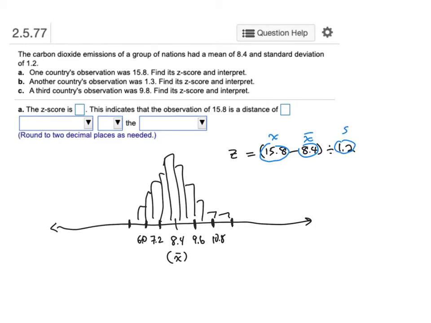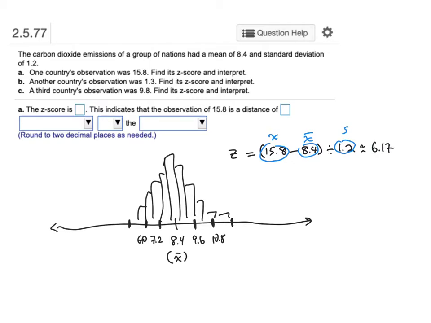So what this means on our graph is how many standard deviations above or below the mean we are. Hang on, let me get a calculator. All right, I got a calculator. The result of this calculation is approximately 6.17.